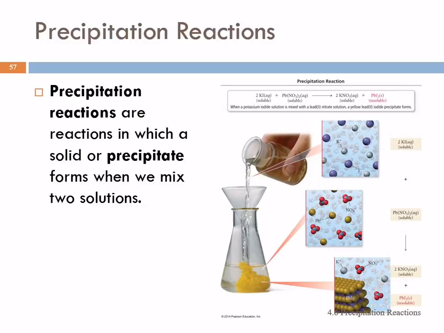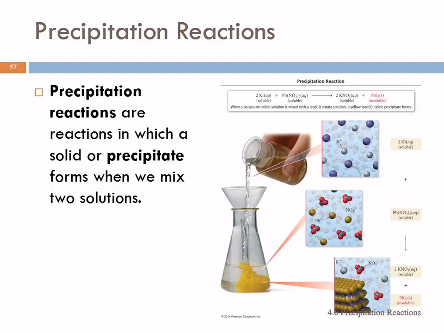Okay, precipitation reactions. We saw a couple of these types of reactions when we did the copper cycle observation lab, and we had things changing colors. So in a precipitation reaction, we have two solutions being mixed together. Here we've got one clear, colorless solution, pouring it into another clear, colorless solution, and bang, a solid forms.